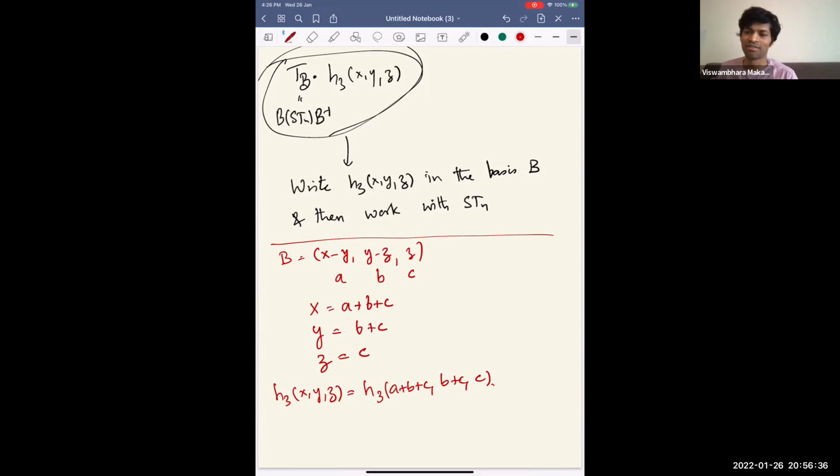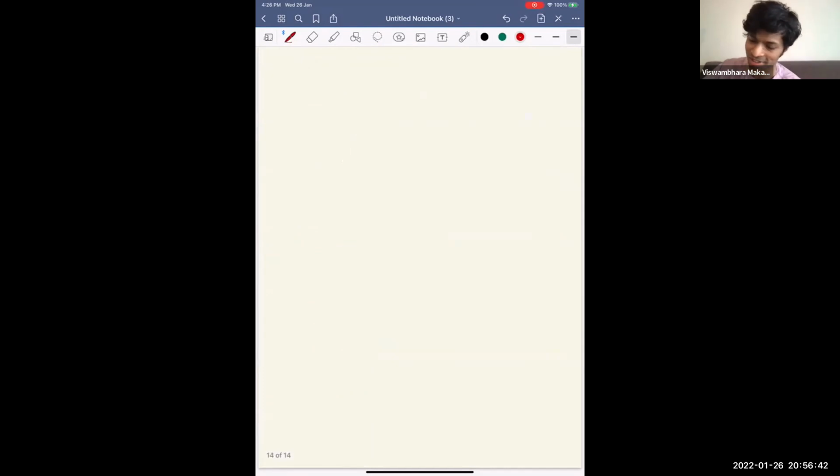I won't tell you what this complicated computation is. I won't tell you how to do it because all you have to do is plug it in and write it out. And you will get it to be this. So H3 of A plus B plus C, B plus C, C is going to be, I don't know how else to do it other than write it down for you once.